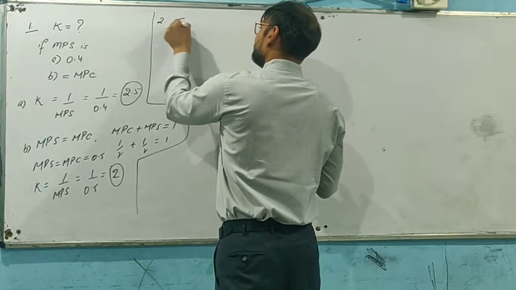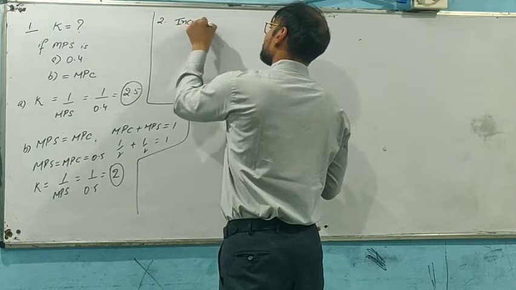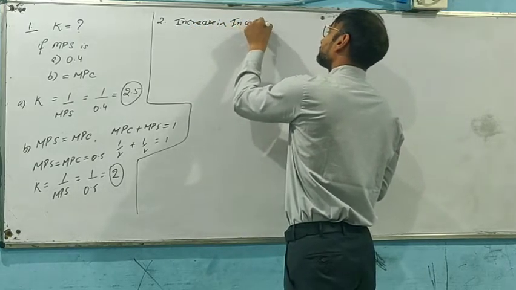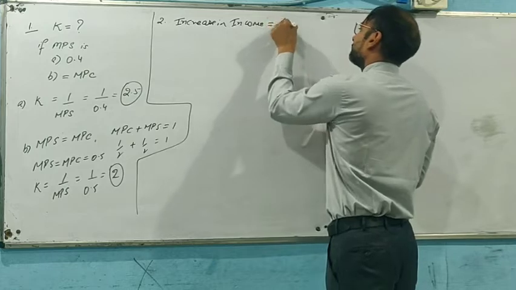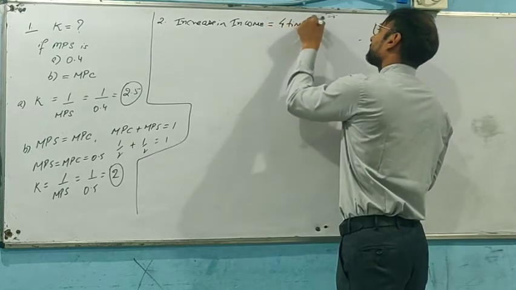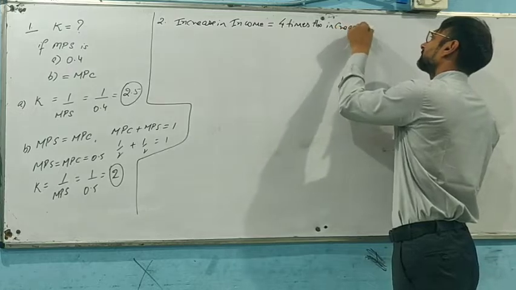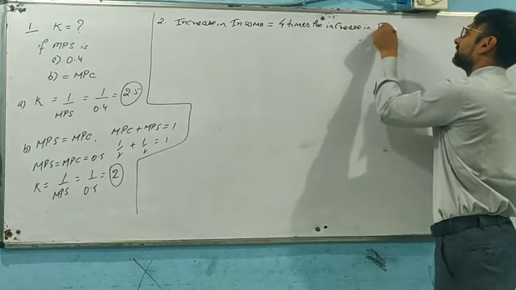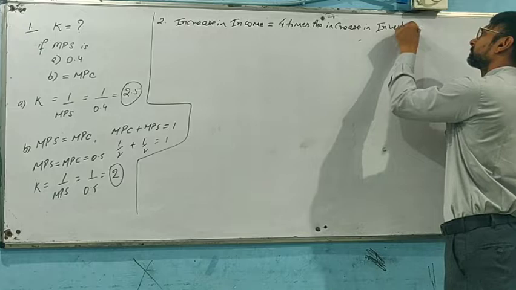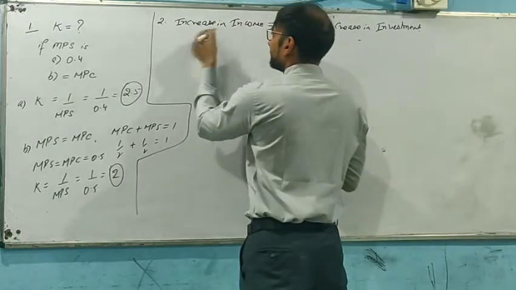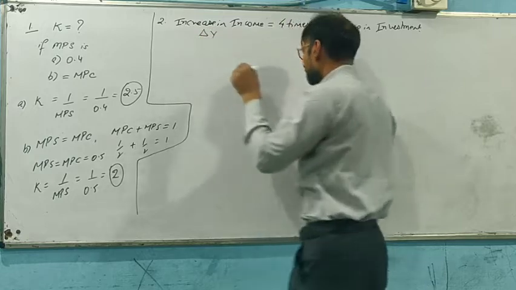Here we are telling increase in income is 4 times the increase in investment. It means if we say increase in income, that is delta Y.